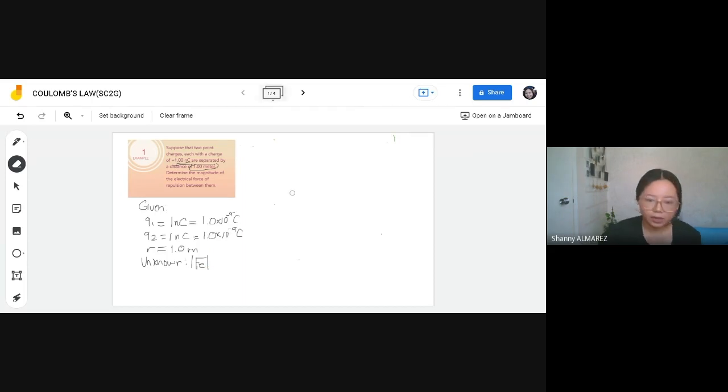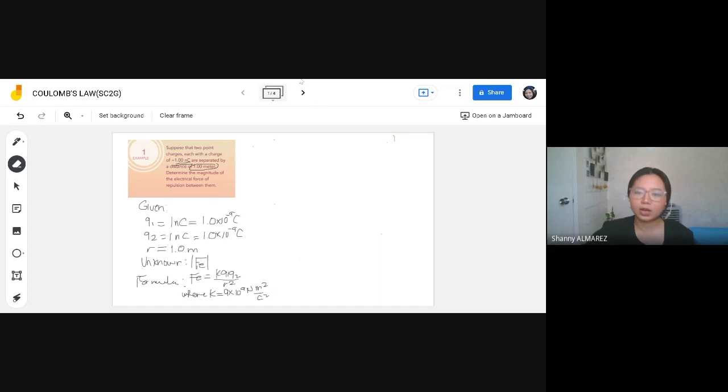Next, we have formula. Ano ba yung mga formula, or ano ba yung formula na gagamitin natin for this? We have Coulomb's law. So Coulomb's law states that Fe is just equal to K times Q1, Q2 all over R squared, where K is equal to 9 times 10 raised to 9 Newton meter square per Coulomb square.